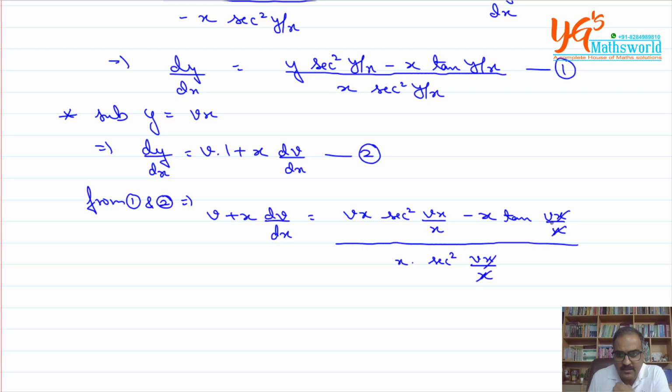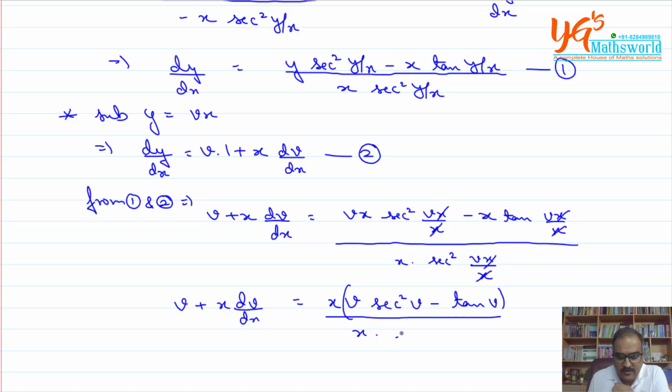X and x cancel. So we get v plus x dv by dx is equal to, taking x common, v secant square v minus tan v divided by x into secant square v. So this x and x cancel out.